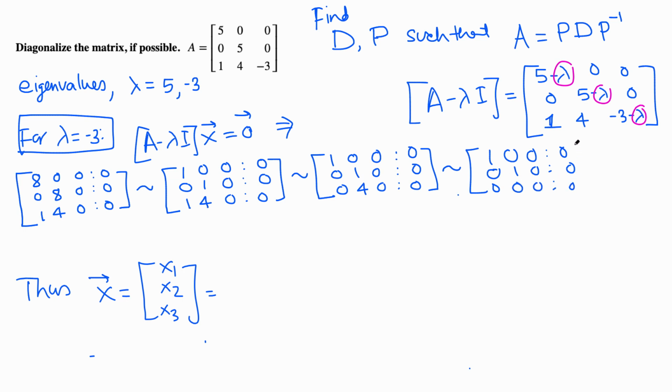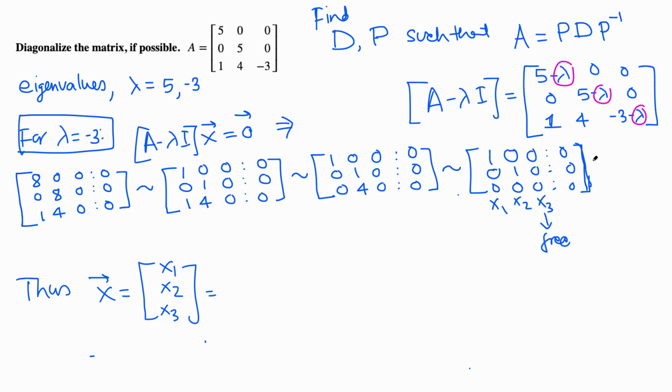In fact, this is in reduced row echelon form. Here is a pivot 1, here is another pivot, and this is x1, x2, x3, and x3 is a free variable because we don't have a pivot column.